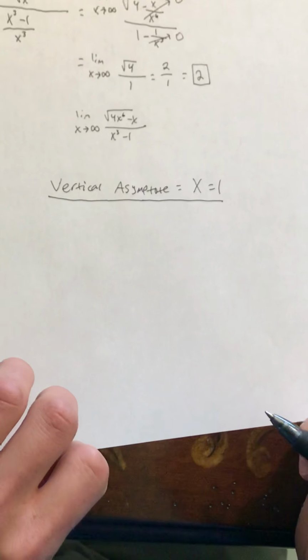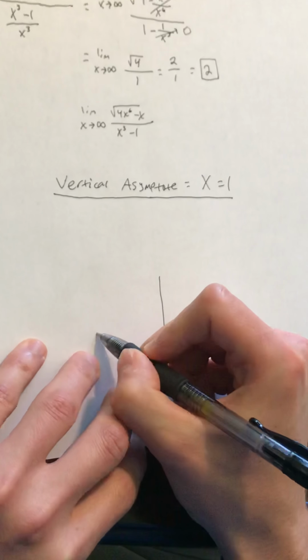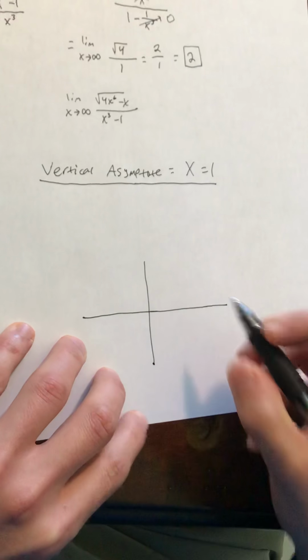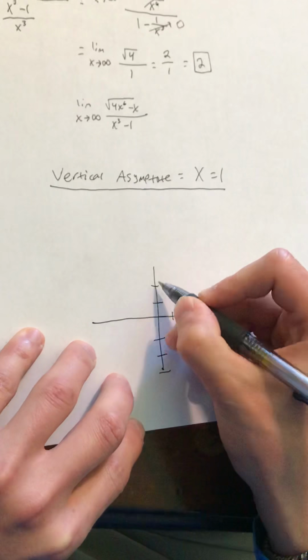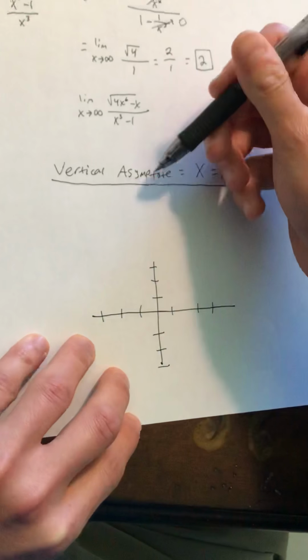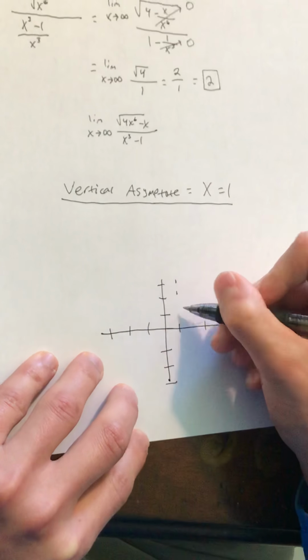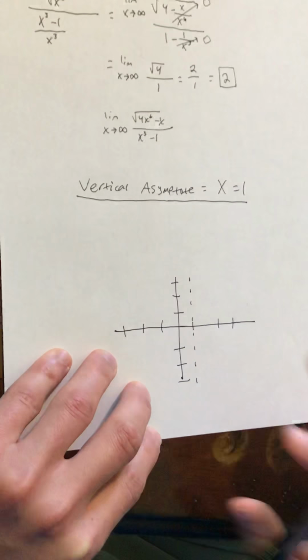For the horizontal asymptote, we can, in fact, graph this function instead. We know that we have a vertical asymptote at x equals 1, so we can draw that, and we can also draw our function.